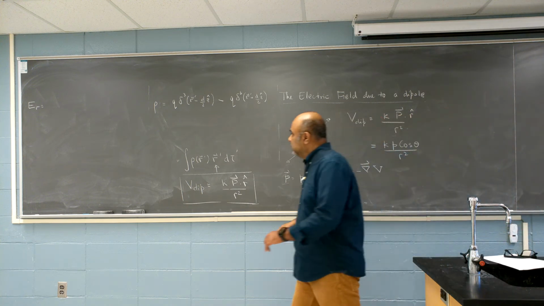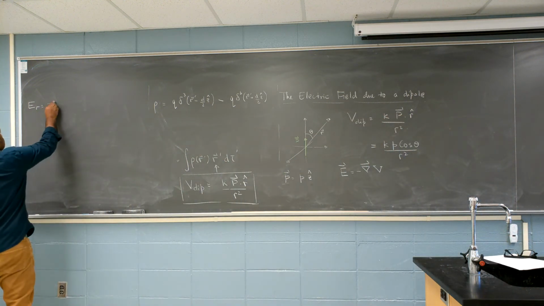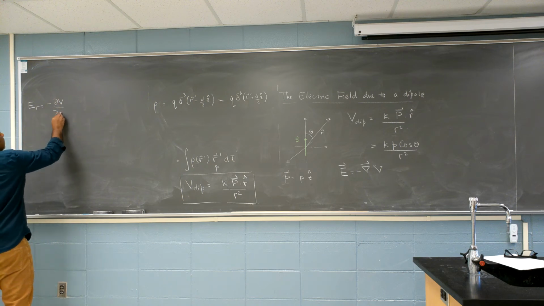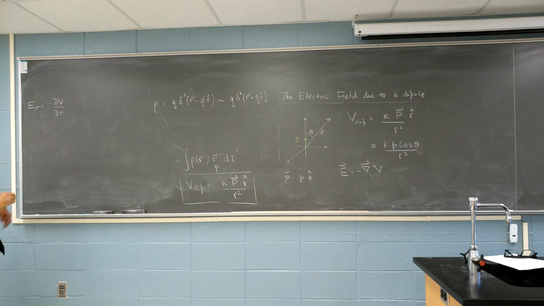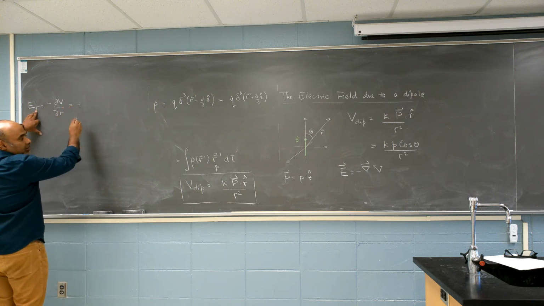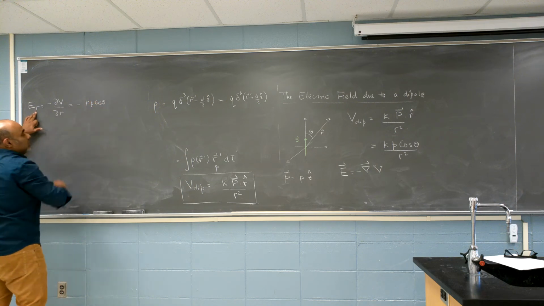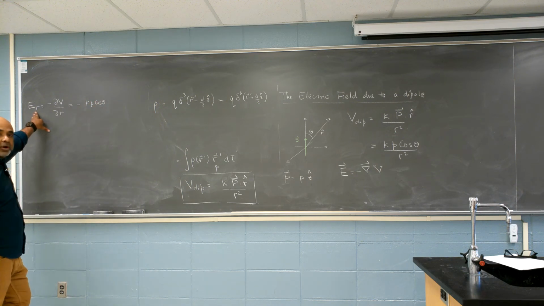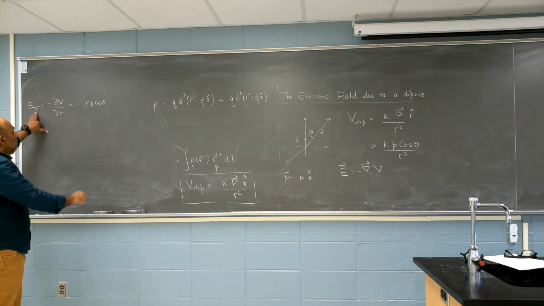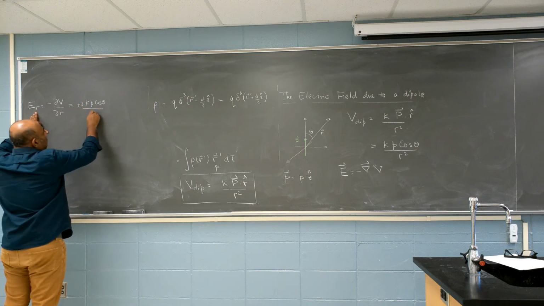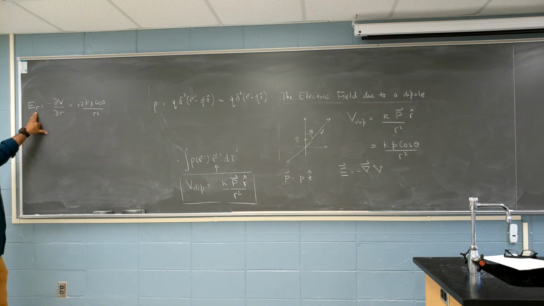So this, is it just this? For the radial component? I'm just writing the radial component. Yeah. Okay, so that's negative Kp cosine theta. What's the derivative of 1 over R squared? Is it 2 over R cubed? R to the minus 2, so minus 2 R to the minus 3, right?